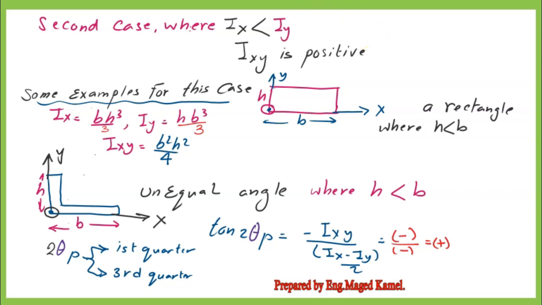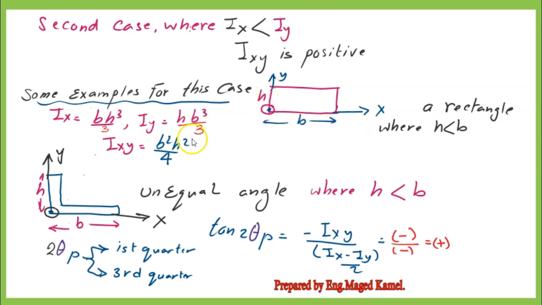We will start our discussion about the second case of Mohr's circle of inertia, where Ix is less than Iy and Ixy is positive. What are the shapes that fulfill these two requirements? We have the rectangle shape with a dimension b by h, where h is less than b.